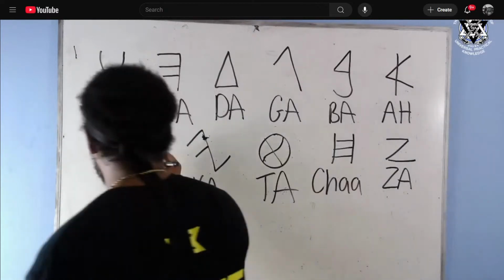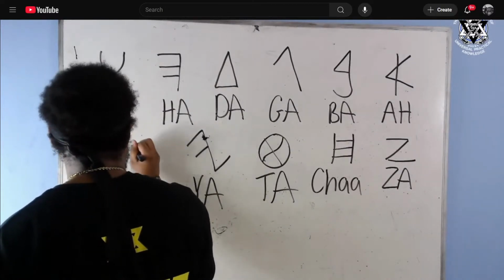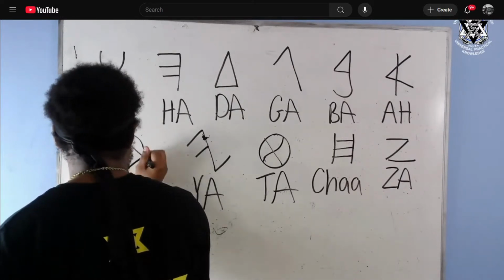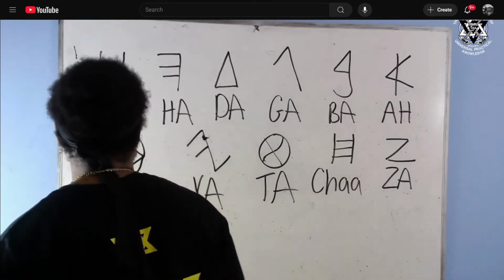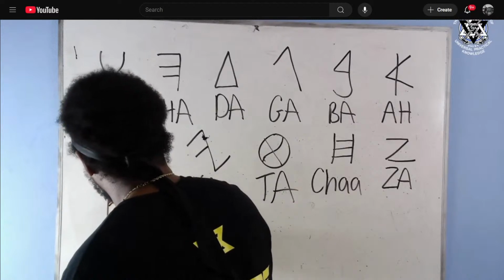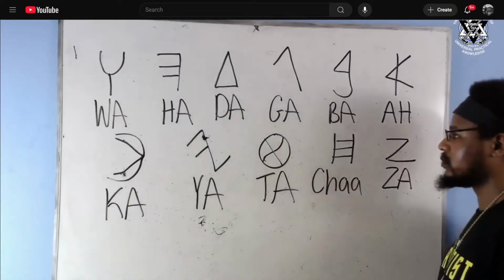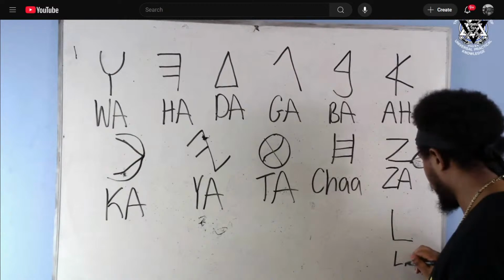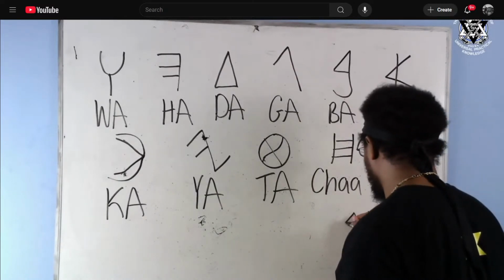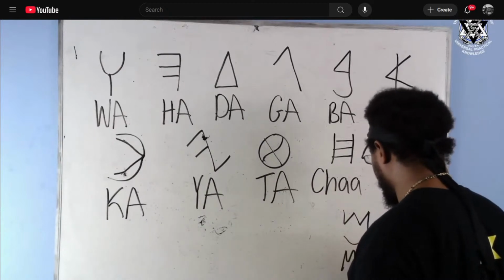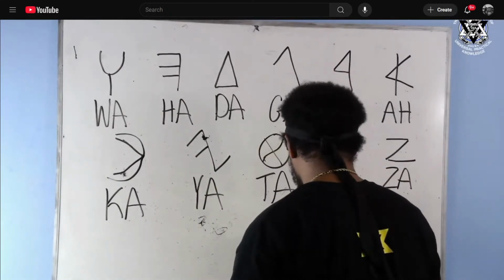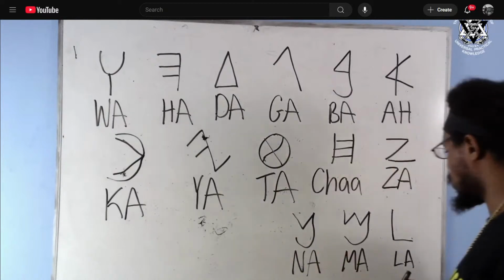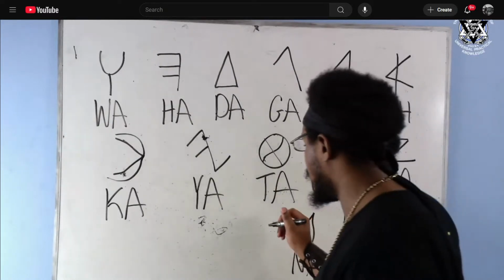And we got the soft Ka. Ka. Then we got La, Ma, Na, Sa.